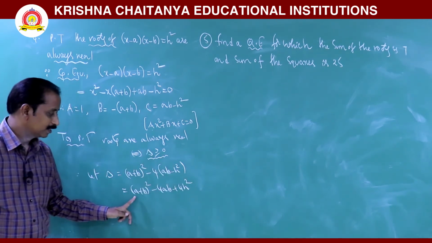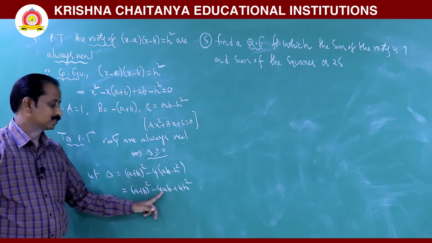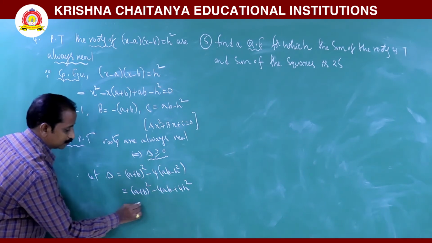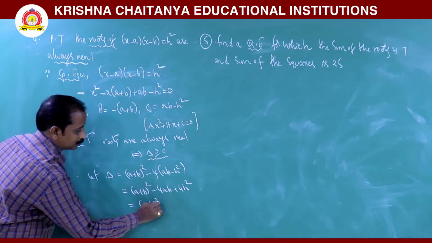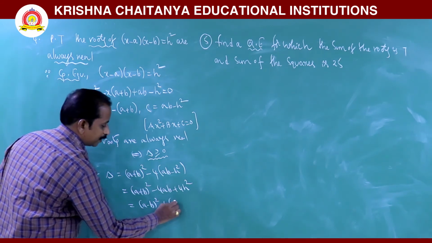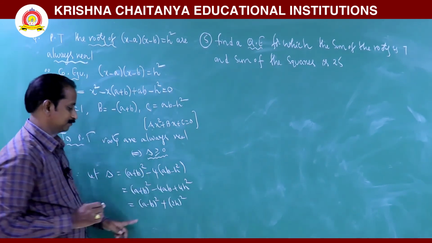But we know that a plus b whole square minus 4ab is nothing but a minus b whole square. So this is a minus b whole square and the remaining term 4h square. 4h square can be written as 2h whole square.